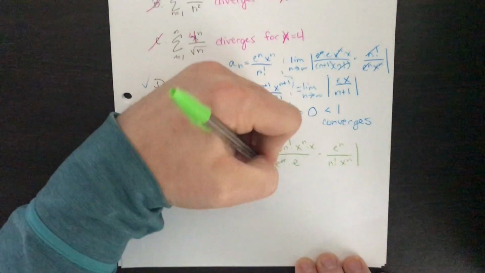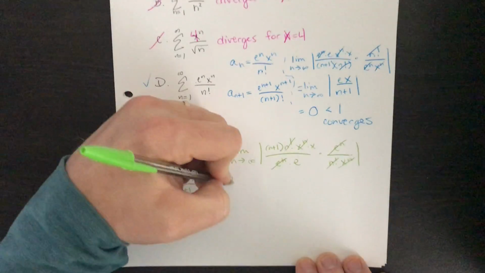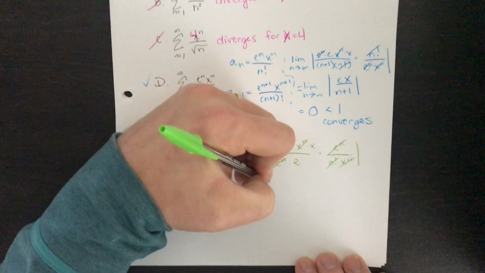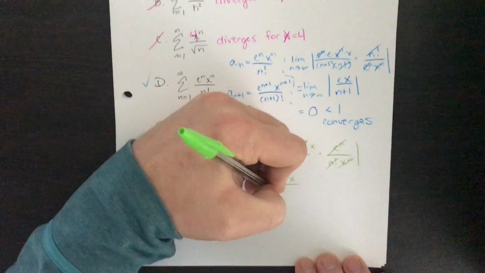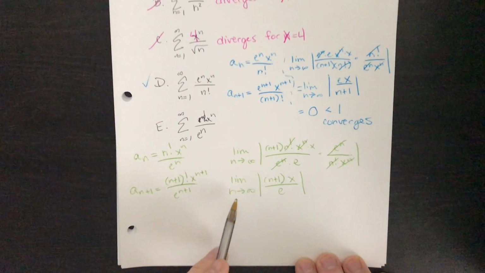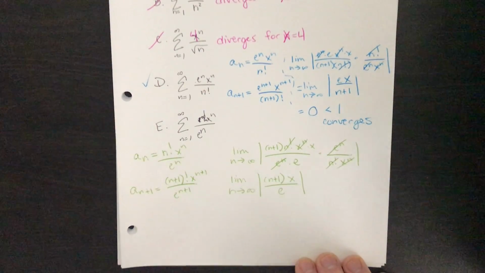Now we can go ahead and cancel e to the n, n factorial, and x to the n once again. This time our limit simplifies to n plus 1 on top times x all over e. Well, now the n is on top, and all we're doing is the limit to infinity of n.